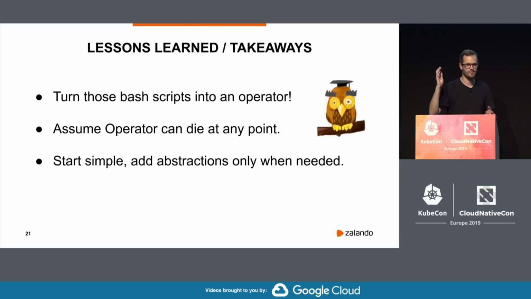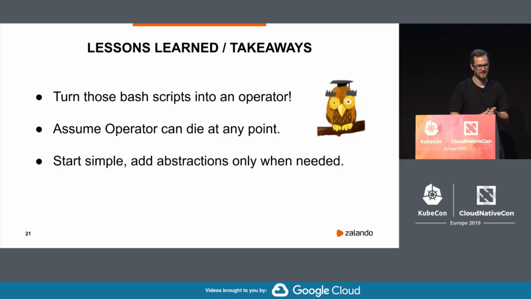But if the operator dies because the cluster is scaling down and it has to move the operator pod, then you are losing the state. So always store the state on the custom resource or wherever, somewhere outside of the operator, every time you do something, so it can always come back and continue where it left off. This is very important, so have this in mind when you're writing the code.